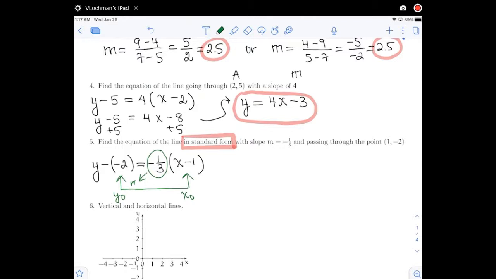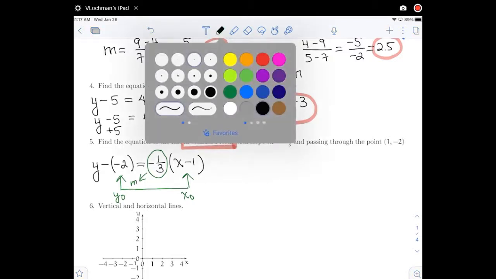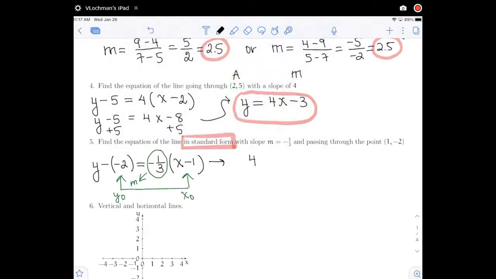Okay, now what should we do here? Let me go ahead and rewrite it like this. This is y plus 2, right? Minus negative gives us a plus. Here I'm going to get negative 1/3 x. And what else do we get here? Negative times negative will give us a positive 1/3. Okay.